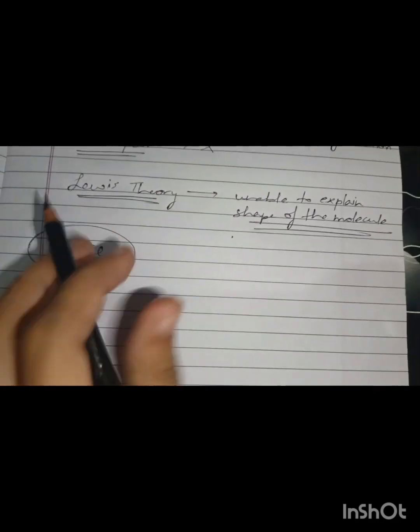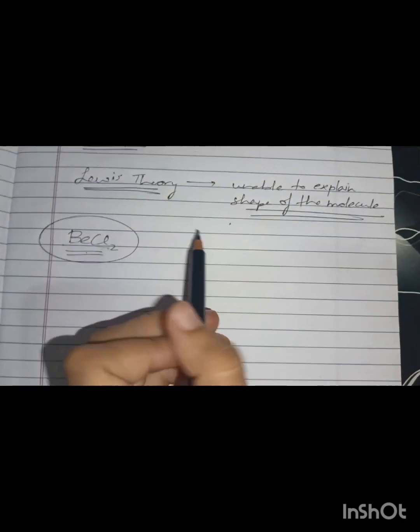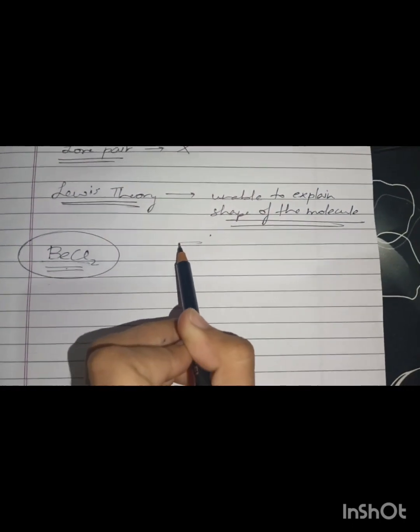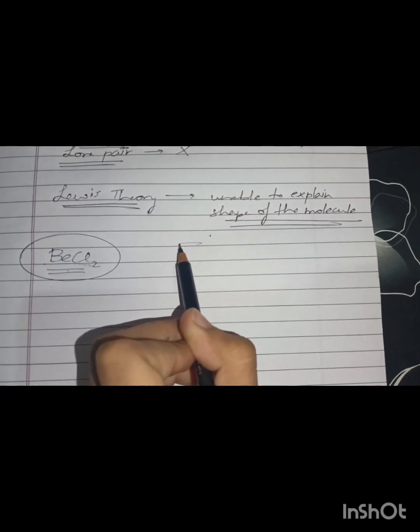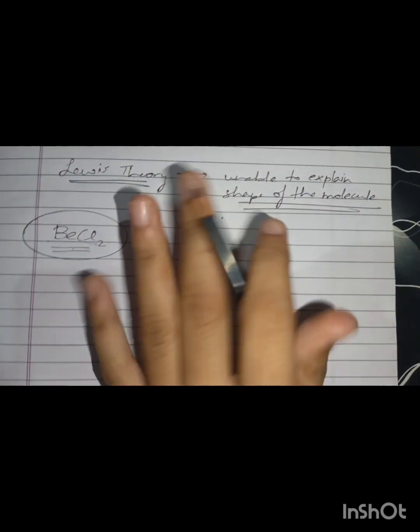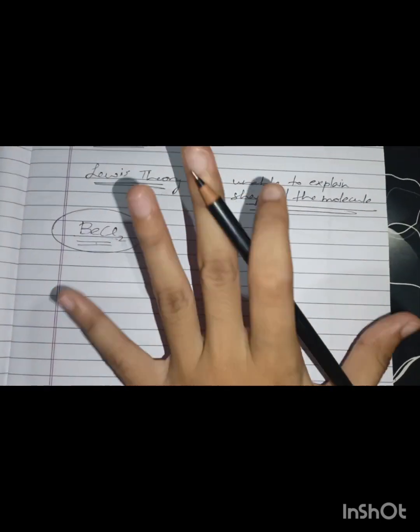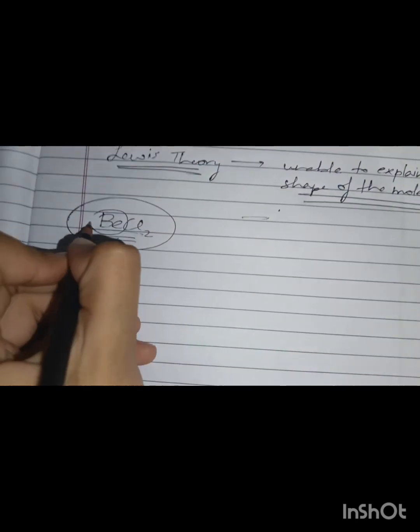So firstly we will find the electron pair, then we will place it at the maximum distance to reduce repulsion between them, and then the molecule will be stable. As we know that like charges repel each other, so electrons will repel each other because of same charge, so they must be placed at the maximum distance to reduce the repulsion, right?